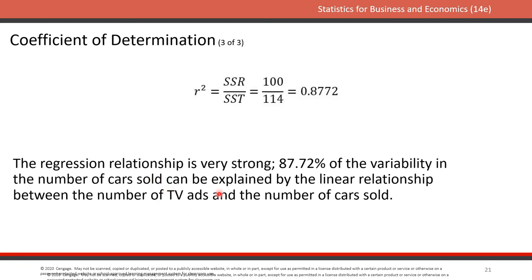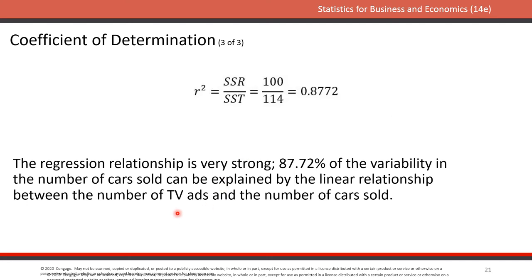Now this is interesting. They do add the caveat that this is linear. That's absolutely true. When we look at this variance explained, this is the linear relationship that's explaining that variance. But it is cool that we can say, well, 87% of the variability in the number of cars we're selling depends on the number of TV ads.